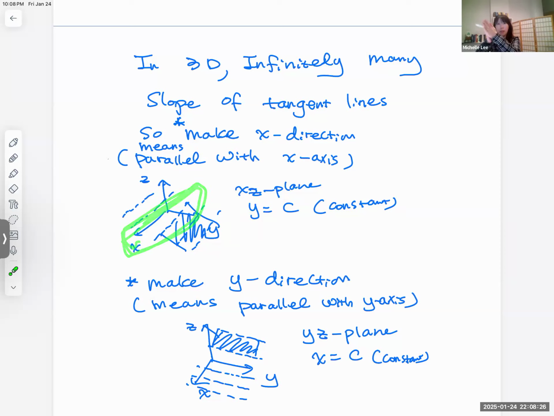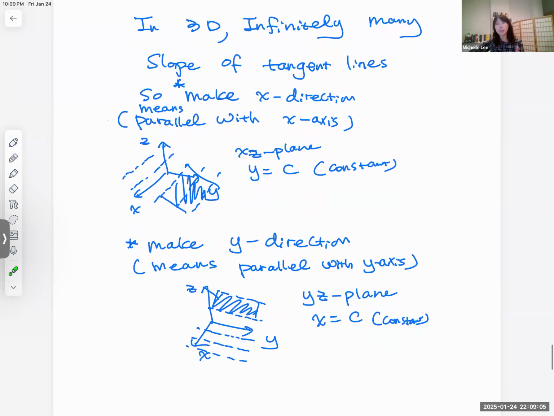Yeah, this is a plane, y equal to 0. And if we have another xz plane, then we call this y equal to probably 3. Here, y equal to 10, negative 10, right? That's why we say treat y as a constant. Make sense? Is it clear to you?